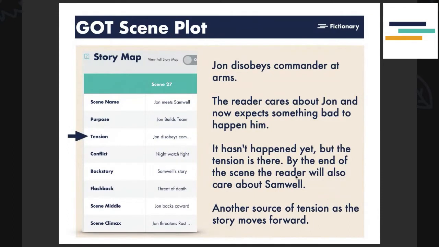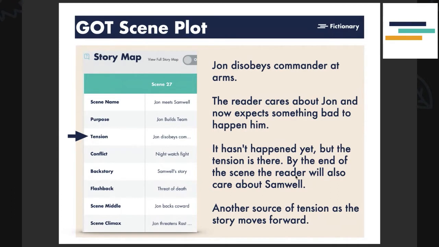Okay. So for tension, that comes when John disobeys the commander-at-arms. By this point in the scene, the readers care about John, and it gives the expectation that something bad is going to happen to him. Nothing bad has happened yet, but it will. And the reader's going to be worried that it will. And the reader's also going to be worried about Sam by the end of the story.